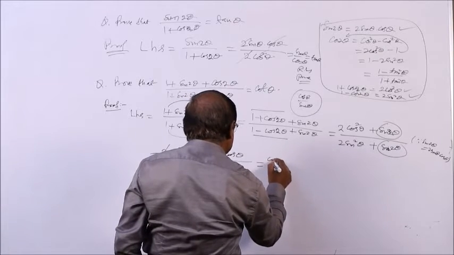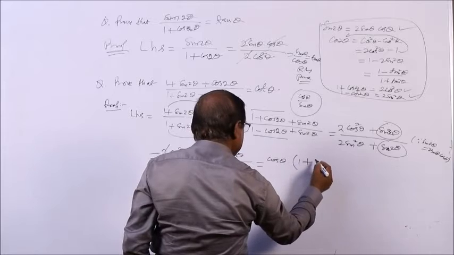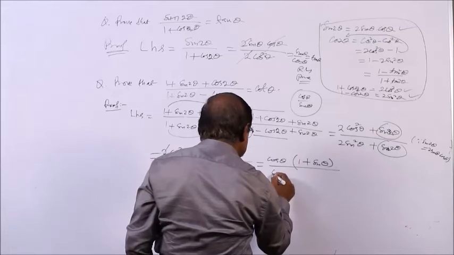What can be taken common? Cos theta can be taken common. That is my intention. So cos theta into (cos theta plus sin theta), right? Here I will take sin theta common, right?